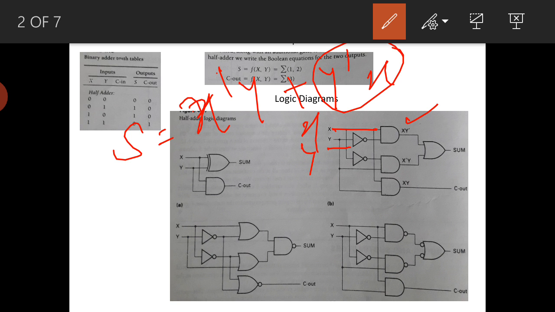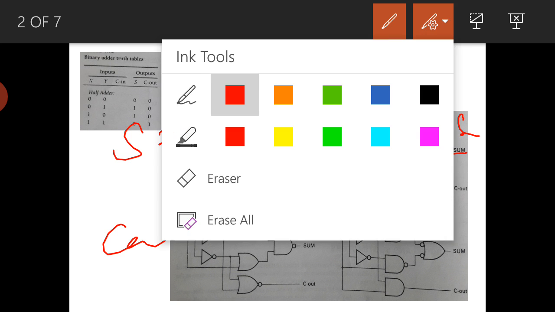Then we need to generate one more term, x bar y, by taking an inverter on x. Both are for the summation, so both are given to an OR gate, which gives the sum. The plus is replaced with an OR gate.